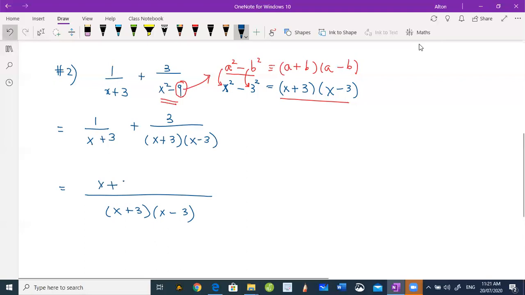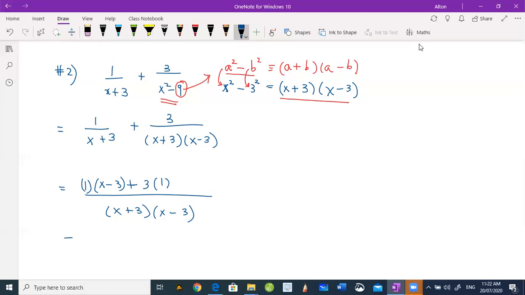Let's fix that. So it will be x minus 3 multiplied by a numerator, which is 1. It's understood up there, 1 by x minus 3, plus 3, which is your numerator, multiplied by x plus 3 by x minus 3 divided by x plus 3 by x minus 3 gives us 1, 1 by 3.